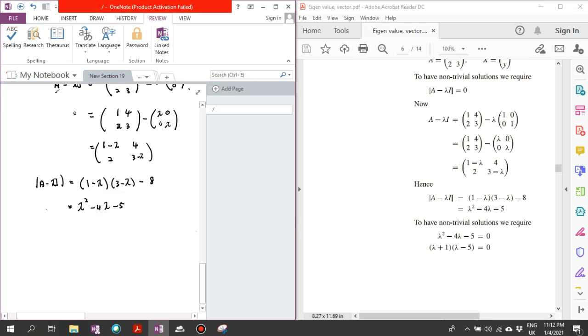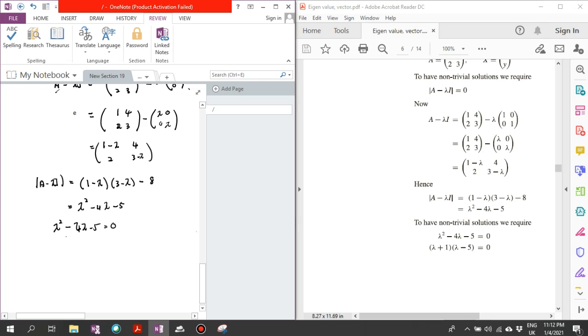To have a non-trivial solution, this can be factorized to lambda plus 1 times lambda minus 5 equal to 0.